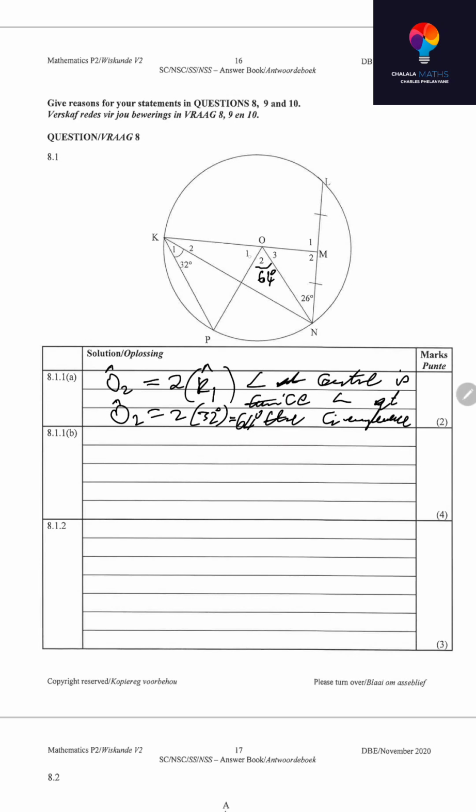This one here. What will be the value of O1? That is simple. We'll start here. We know angle M2 is 90 degrees.